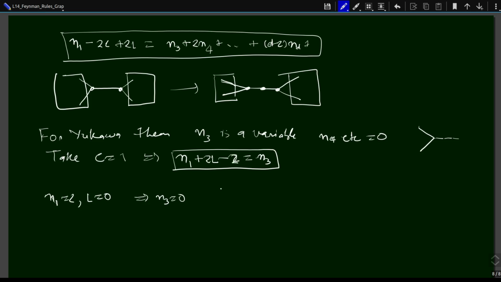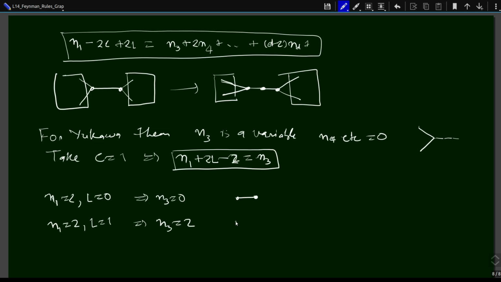And what kind of diagram do we have? This is the diagram we have. Okay. Then let's just say n1 is equal to 2, L is equal to 1. That gives me n3. Okay. If L is equal to 1, then the 2 times L survives, and n3 is equal to 2.